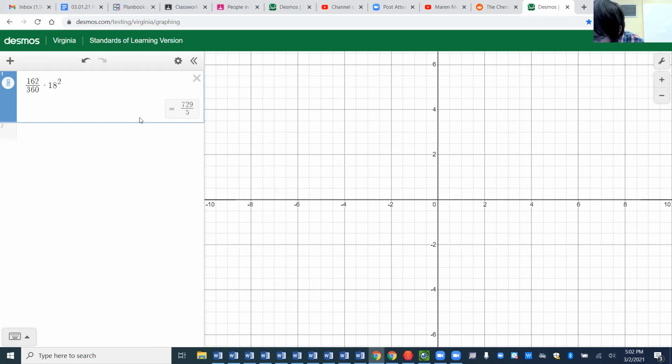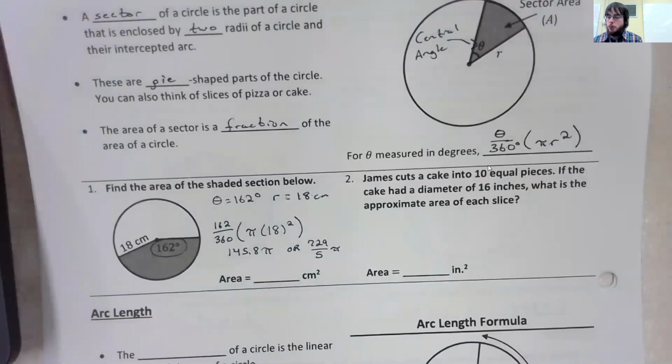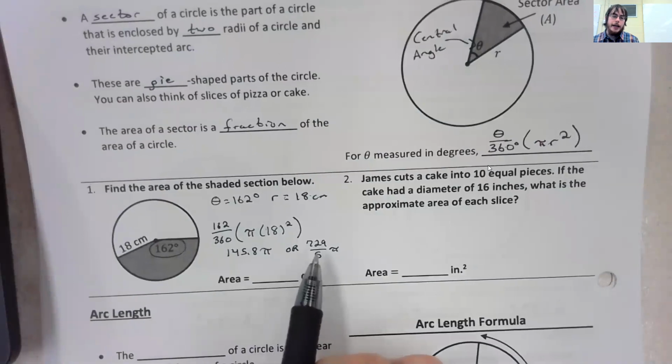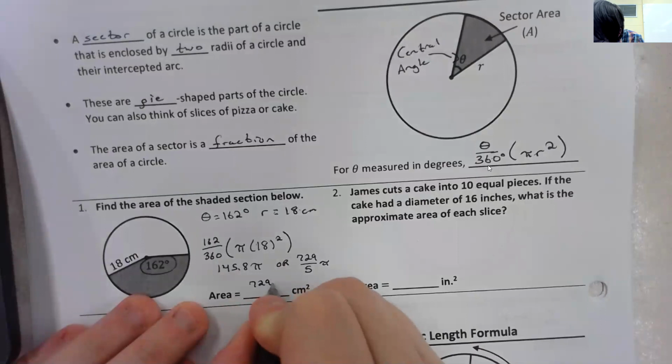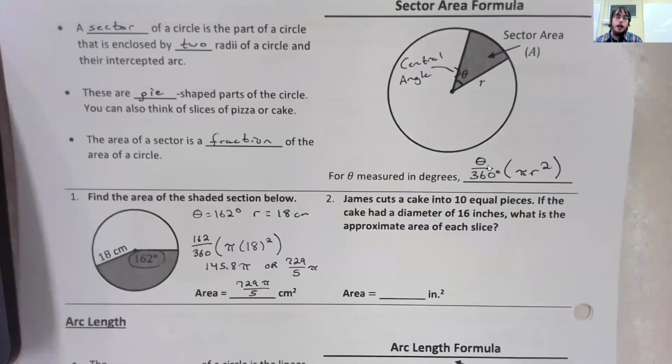So you could write this answer in one of two ways. Going back to what I have written on my paper, you could write it as 145.8 pi or 729 over 5 pi. I'm going to write it as the fraction because that's what you tend to see in problems anyway.